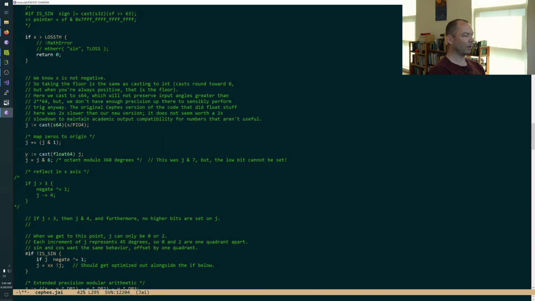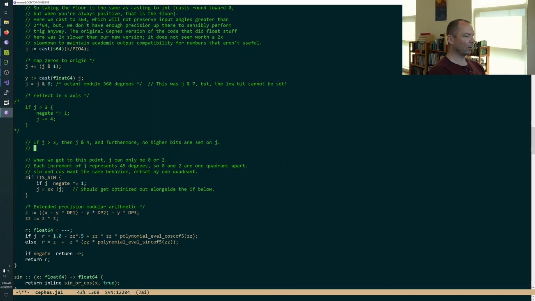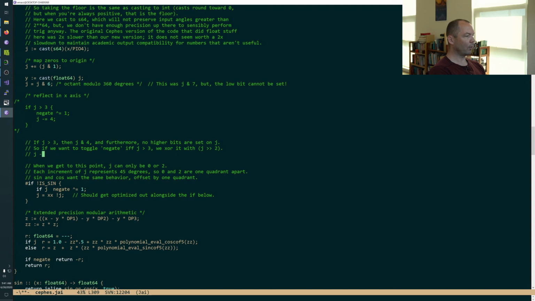But anyway, hold on. If j is greater than 3, then j and 4, and furthermore, no higher bits are set on j. So if we want to toggle negate, we XOR it with j right shift 2. j minus equals 4 is the same as masking j and 2.